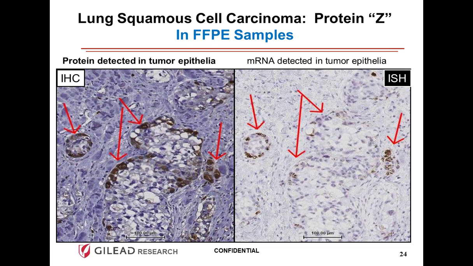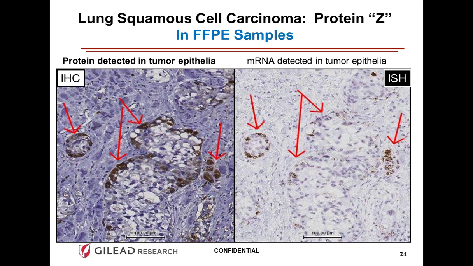Lastly, I like to show this example as well, where we had a really nice working, robust IHC assay for protein Z, and it worked very well in FFPE samples. The only problem, and I don't want to say it was a problem, but we didn't know this at the time, is that we truly thought protein Z was expressed only by immune-related cells.